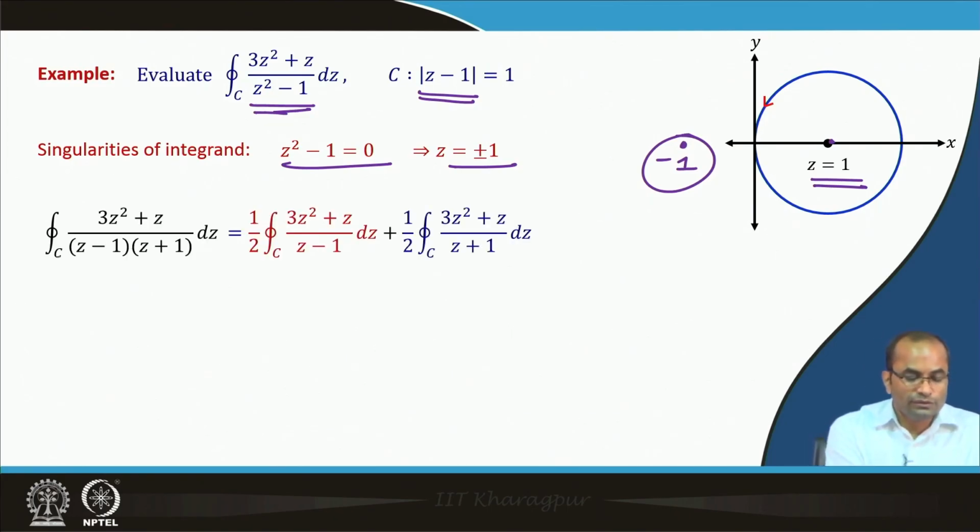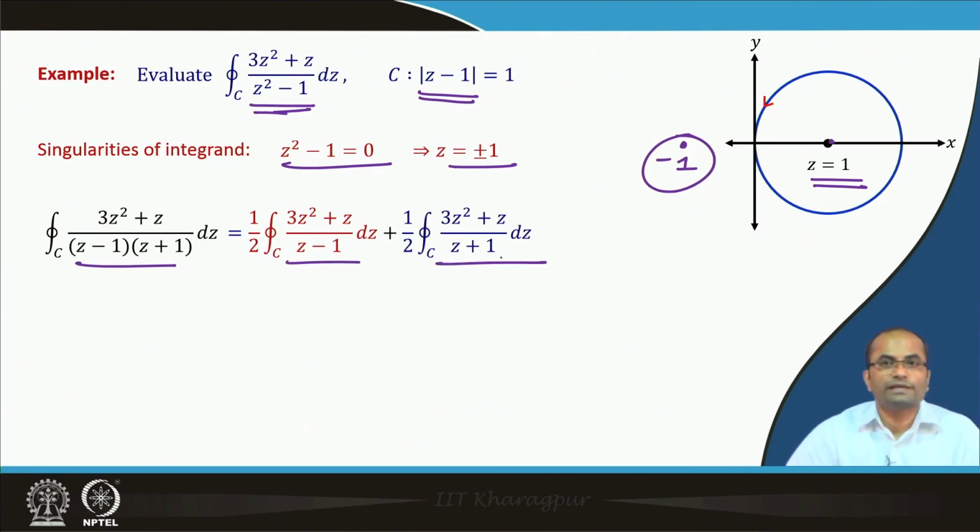So, what we can do, the first approach could be that we can break again into partial fractions and then each integral can be evaluated. Indeed, the second integral here where we have z plus 1, the integrand is analytic because z is equal to minus 1 is outside the domain.